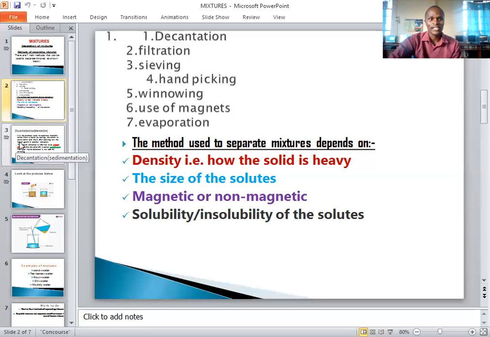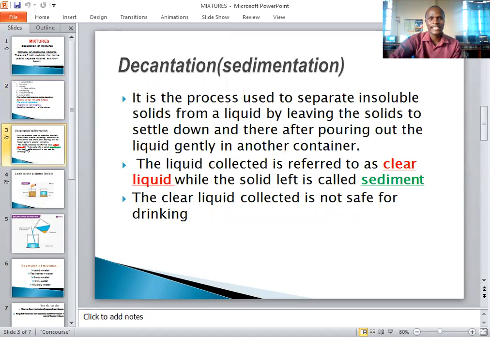Now, decantation can also be called sedimentation. So what do we mean by decantation or sedimentation? It is the process used when you want to separate insoluble solids. Insoluble solids are those solids that are not able to dissolve in solvents or in water. For example, let me just use water to give you an example.